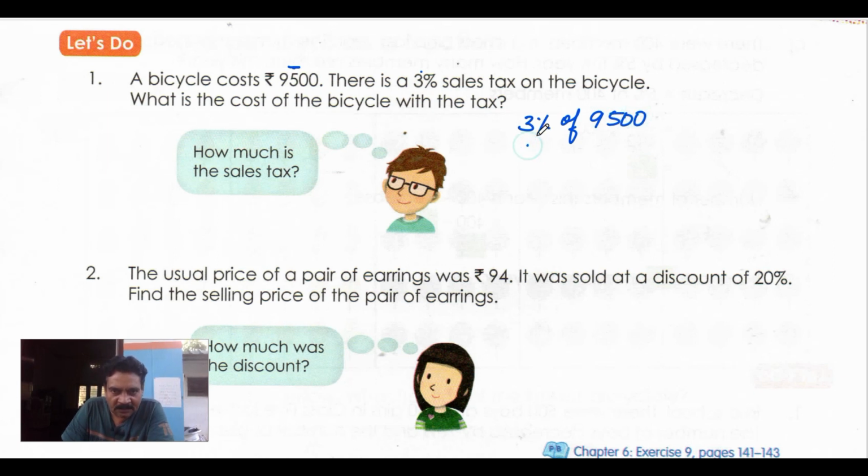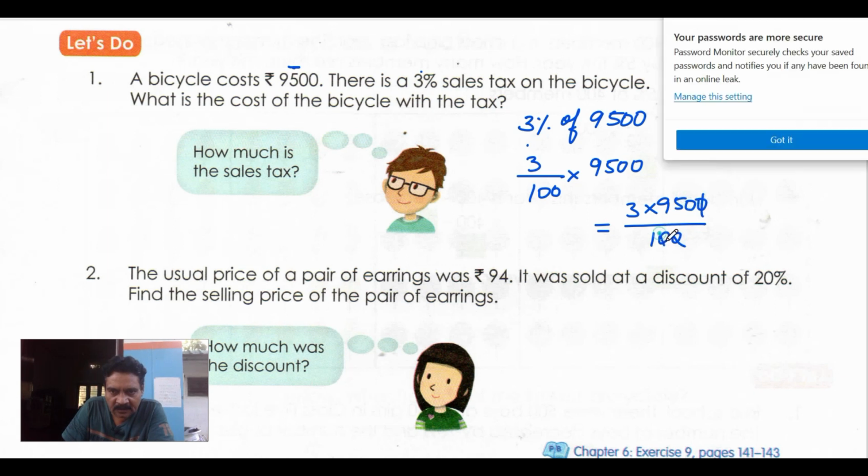So what do you mean by 3%? That is 3 by 100 into 9,500. That is 3 into 9,500 by 100. This 0 cancels, this 0 gets cancelled.